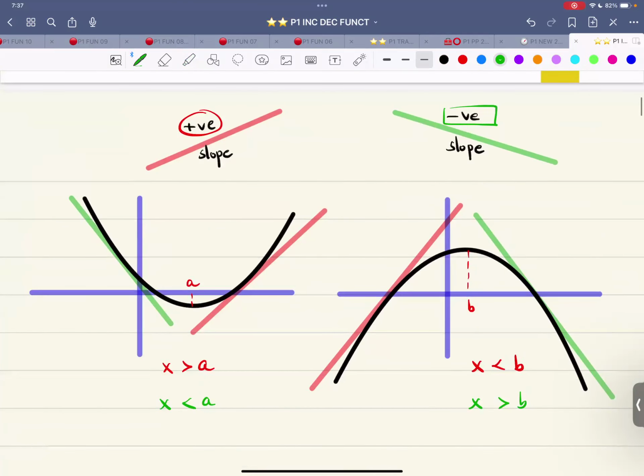That means I'm interested in the positive, negative slope of a curve. I'm interested in gradient. Now, what exactly needs to be done is that if there is a positive slope, it means dy by dx is greater than 0.